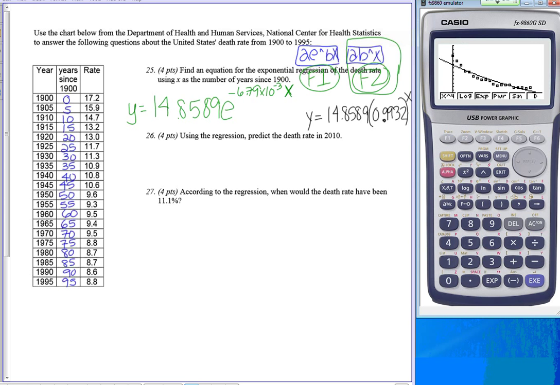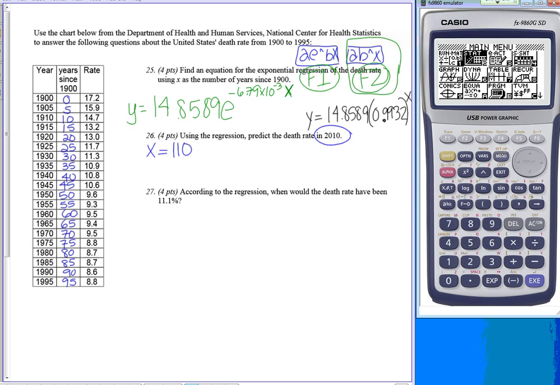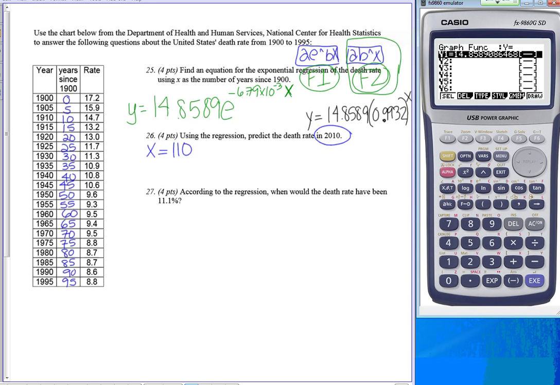All right, in number 26, I'm supposed to use the regression to predict the death rate in 2010. Well, in 2010, we would know what x is. X is the number of years since 1900, so that would be 110 years since 1900. So I have two options for this. I can go into my graph menu, and I could draw this.